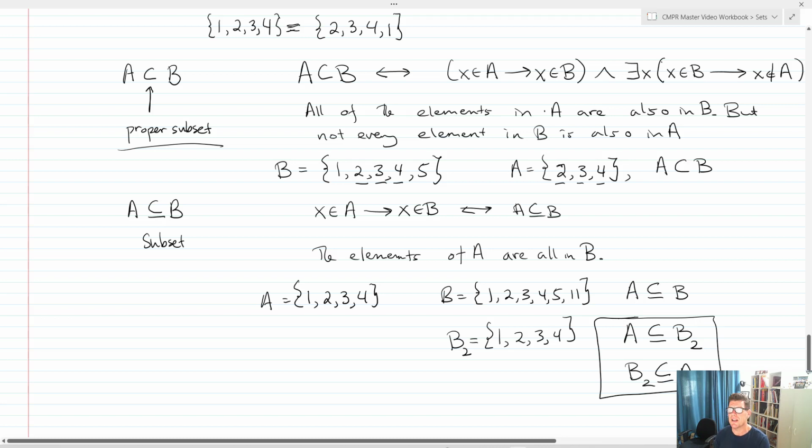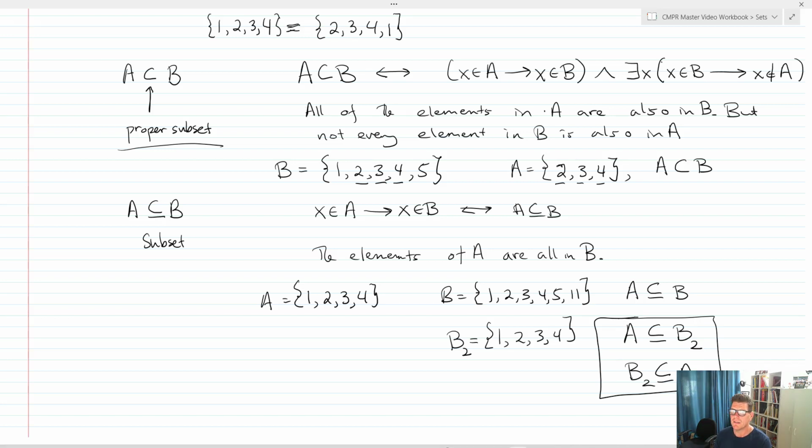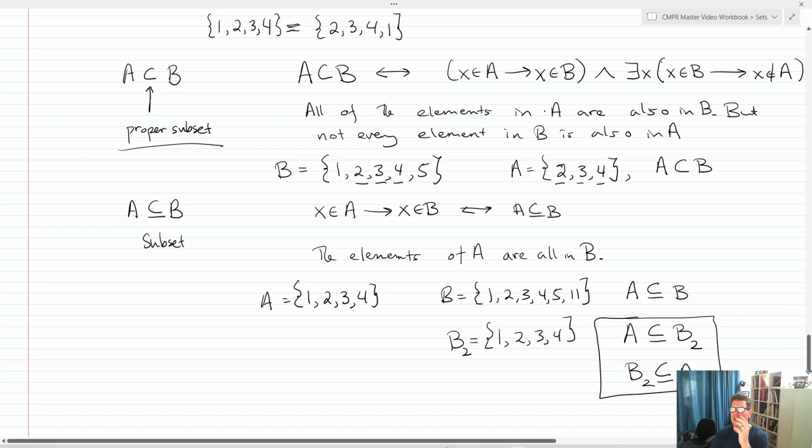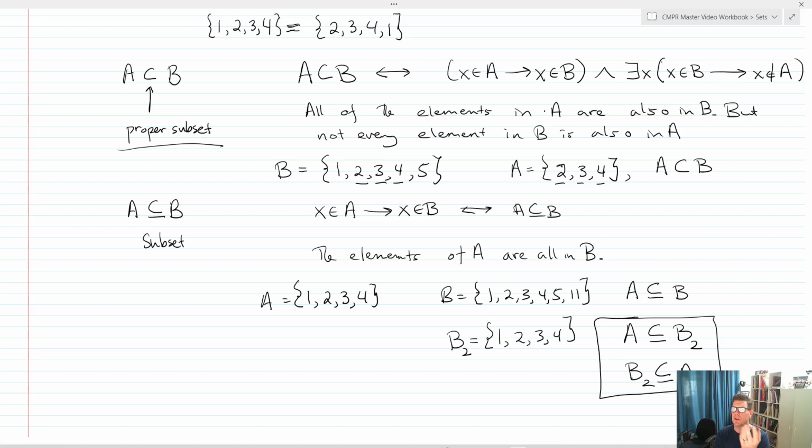If A is a subset of B and B is a subset of A, then A has to equal B. Right? That's essentially what's happening. But with this idea of a subset, we want to be clear that for A to be a subset of B, either A is a proper subset or it is equal to B. That's it. Okay? But it could be either one. So this idea of subset is a very general idea. It includes both sets that are equal and it also includes sets that are proper subsets.